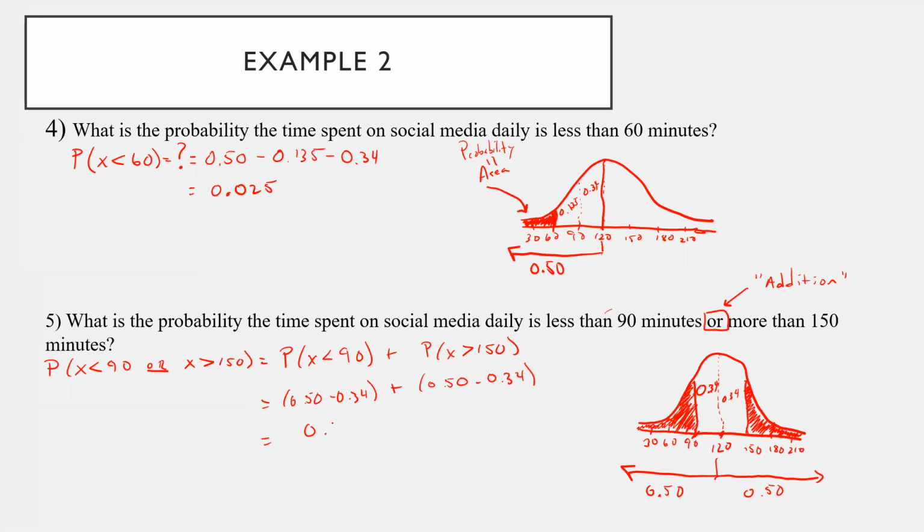So this is 0.16 plus 0.16. And what do those two combine to? There you go. And that's our answer right there.